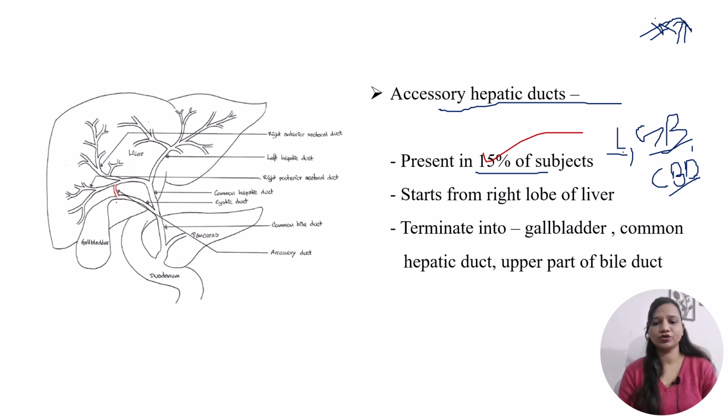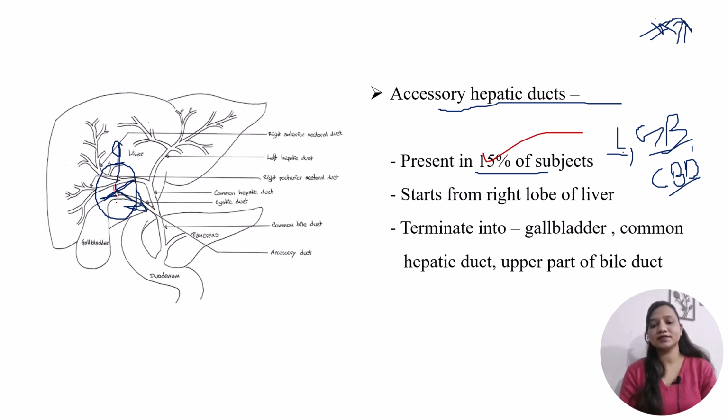Okay, so if there is any accidental injury to this accessory hepatic duct, the bile which is produced in the liver will go through this and leak directly to the outer side of the liver. And if there is accidental ligation of this accessory hepatic duct, it will lead to biliary obstruction. So for this, pre-operative imaging is necessary.